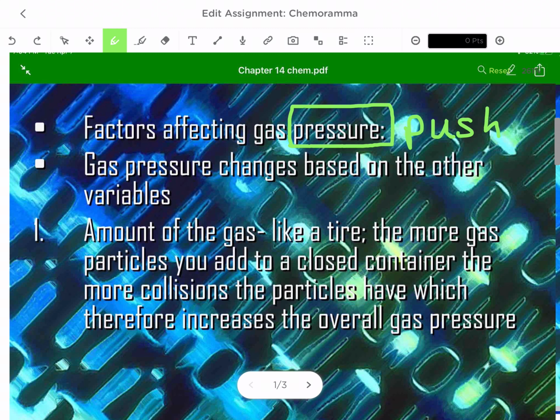Every time I read the word pressure, I actually change it to push. So if it says factors affecting gas pressure, I say factors affecting gas push. In other words, gases, even though they're just these crazy particles moving all around, they push on stuff.